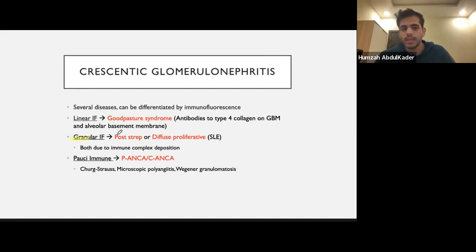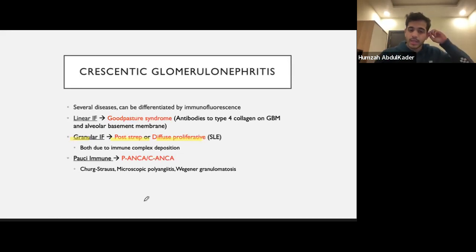We see that in post-streptococcal and also in diffuse proliferative. Post-streptococcal causes immune complex deposition. Diffuse proliferative is associated with lupus, which also causes immune complex deposition. So if you see granular, your first thought needs to be immune complex deposition. Now, is this lupus? Is this post-strep? You have to look at the rest of the question for that.